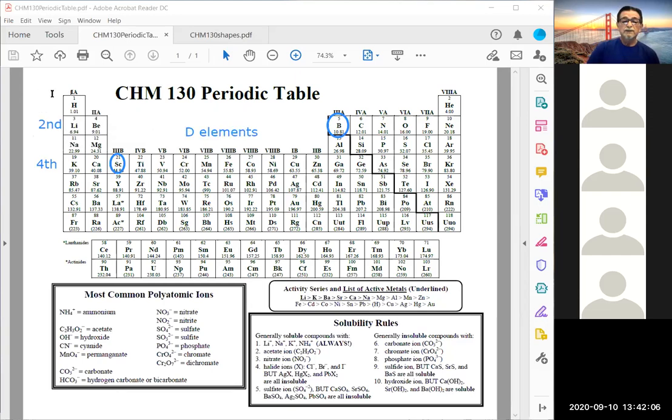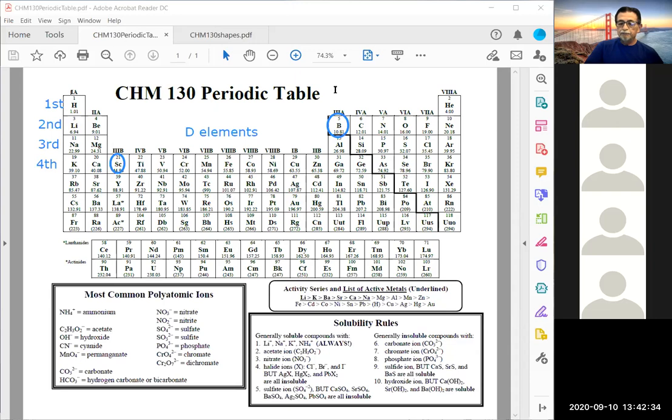So that's the first period right here, and obviously we have the third period right there. So boron's in the second period.